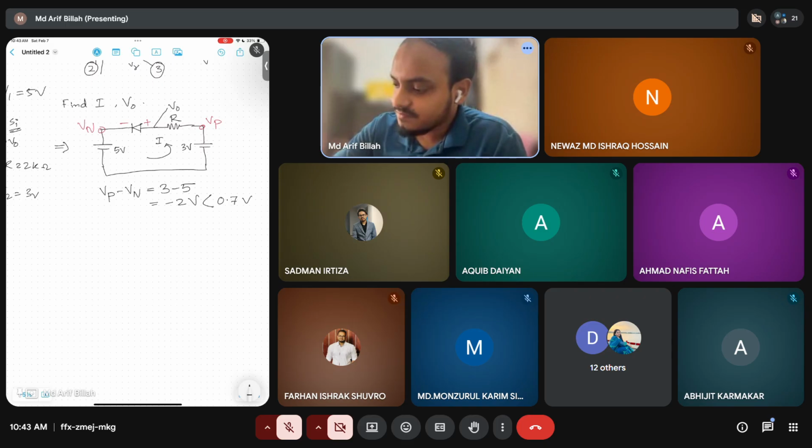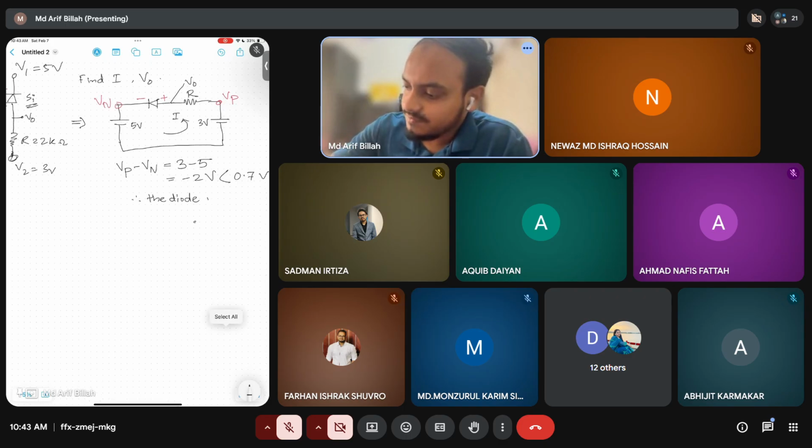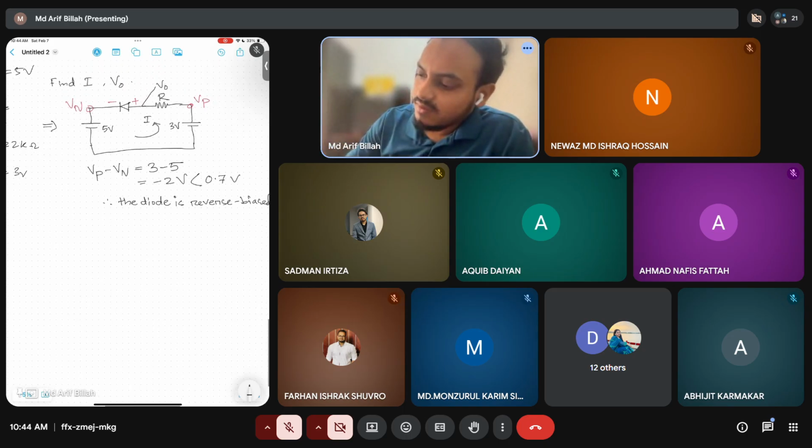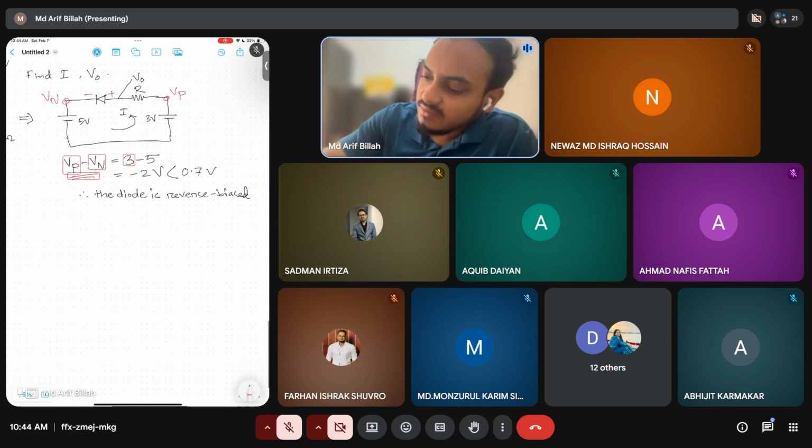So what does that mean? Therefore, the diode is reverse biased, right? If my VP minus VN is less than the minimum required voltage, then this diode is reverse biased.